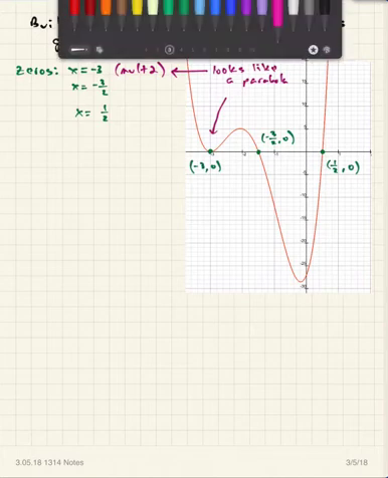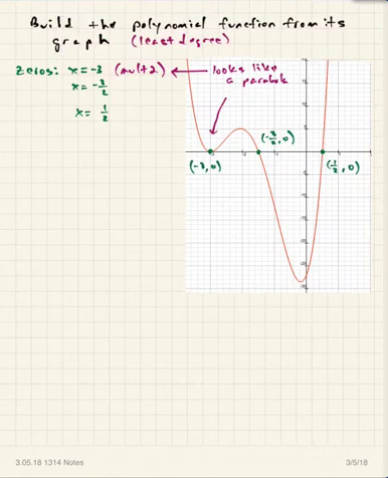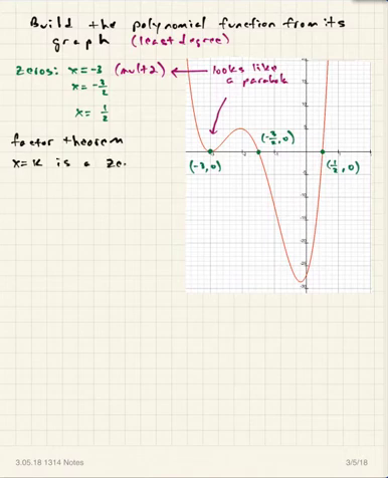Because remember what we talked about in lecture last week was the factor theorem. And the factor theorem stated basically that if x equals k is a 0, then x minus k is a factor. Those two things go hand in hand.